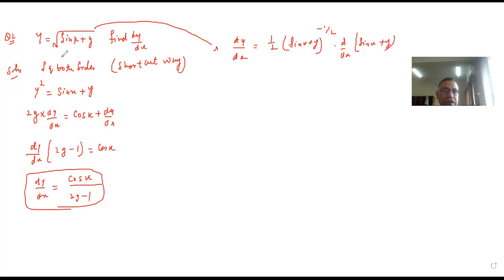So whenever one side has an under root and the other side is free from under root, you do the square on both sides, then differentiate with respect to x. This is the simplest way to solve the question. Prachi, I hope this is clear. Yes, sir. Let's go.